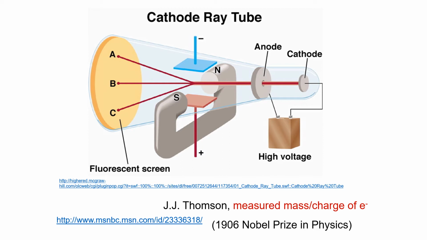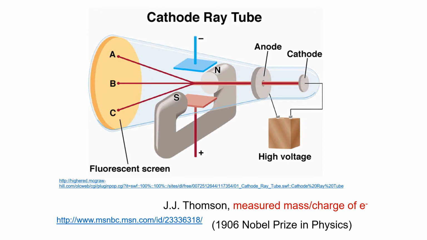J.J. Thomson utilized the cathode ray tube to determine the charge to mass ratio of an individual electron. So he discovered the electron and then he measured, using the cathode ray tube, the charge to mass ratio.